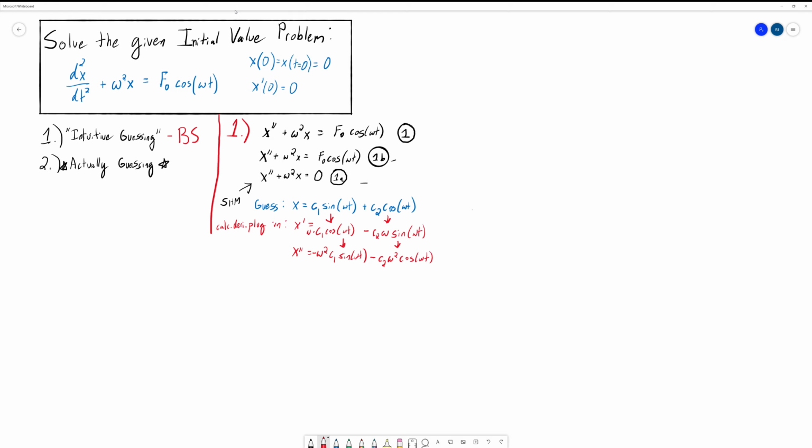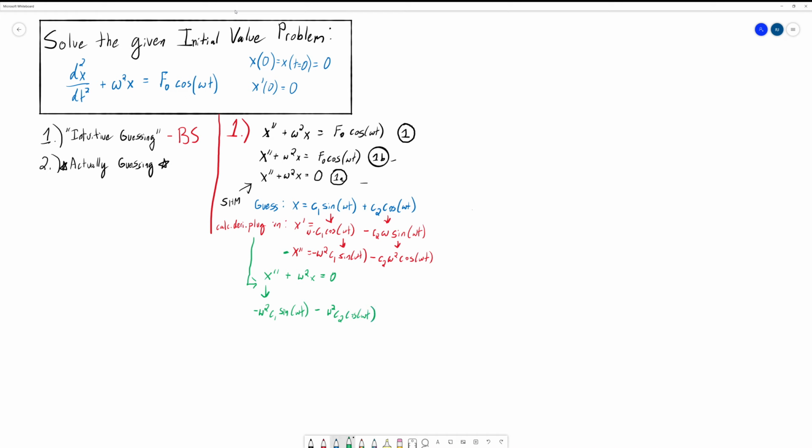Alright, and now we're going to switch colors, and plug into the second derivative of x plus omega squared x equals 0. So the second derivative of x is going to be here, which is going to be minus omega squared c1 sine omega t minus omega squared c2 cosine of omega t.